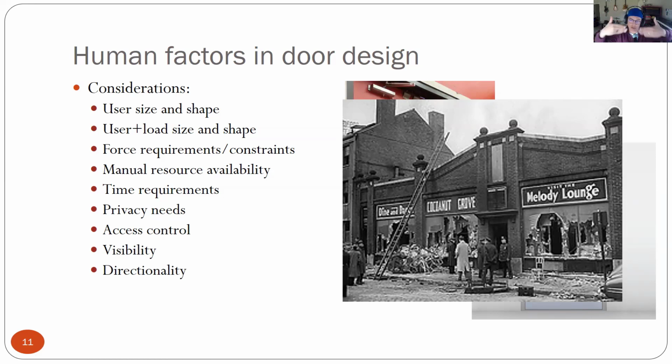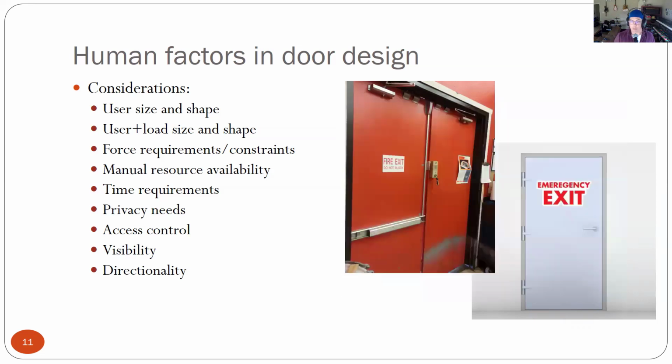And so as people are rushing in this smoke-filled place and trying to get to safety, they're also inhibiting the ability to open those doors to get out. So a lot of people died as a result. In fact, there were some major regulations that stemmed from this that now require emergency exits always need to open outward. And that's a human factors design input, right?